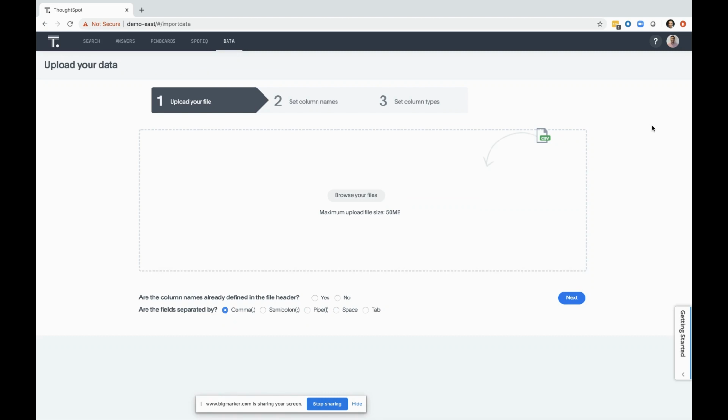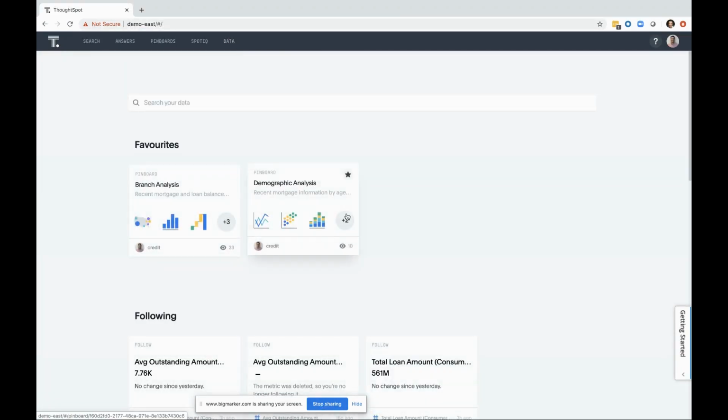But for other data sources, typically you see organizations invest in data warehouses, they invest in certain data sources, and we are very good at making use of those data sources. We connect to data, whether that's in a data warehouse. We can connect to them in live mode, or extract the data and copy that into ThoughtSpot.